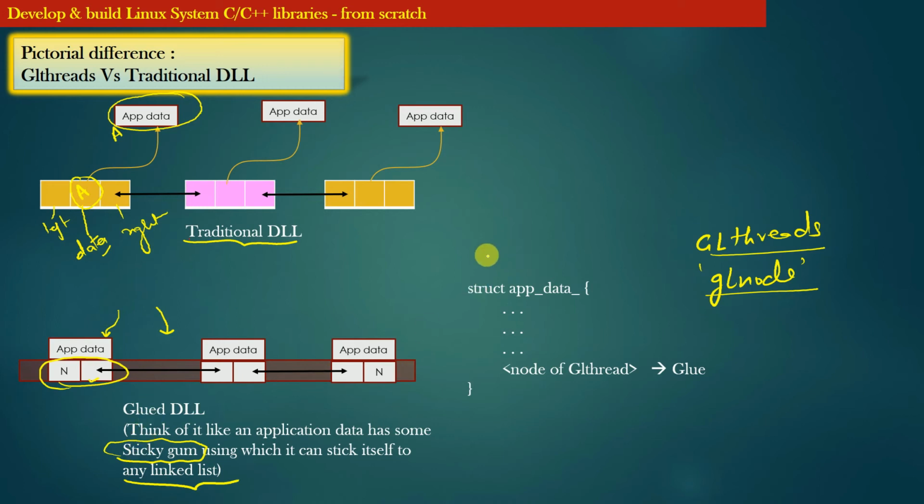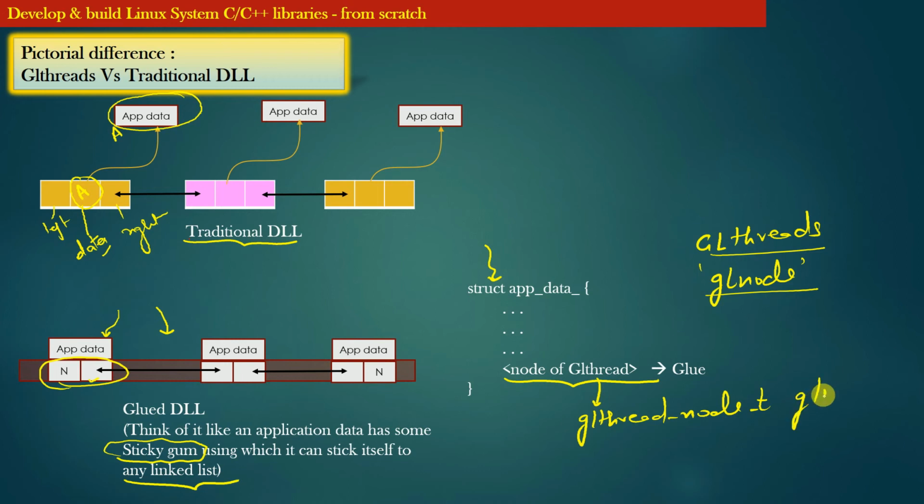So you can see that this structure represents some application data which your application is using, and one of the members of this structure is actually a GL node. To be precise, this member is nothing but a GLThread node.